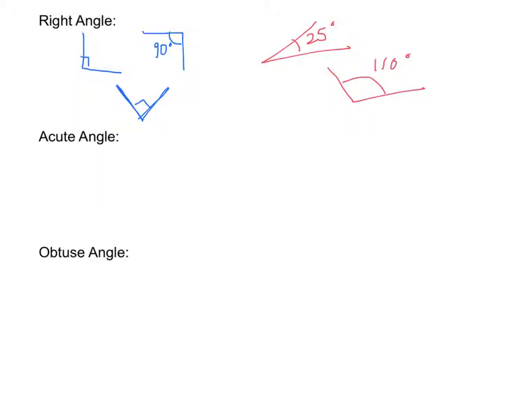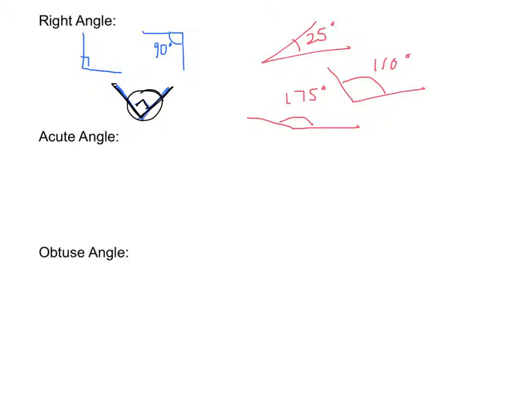So a right angle. I'm going to give you some examples that are right angles, and then some examples that aren't right angles. So from this, we can see, and for future reference, a note: these little squares in the corners mean that this angle is going to be 90 degrees.